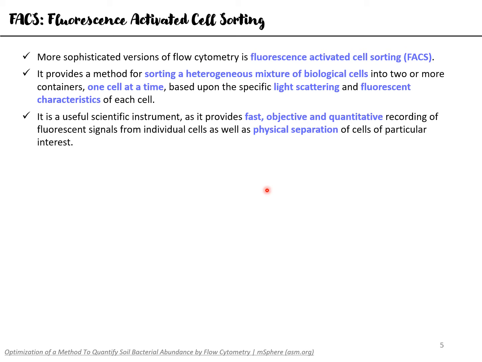So let us say you have a population of cells and you want to isolate only a specific type of cells from that population that is expressing specific markers on its surface. So FACS will allow you to do that. So a common example would be you have blood cells and you want to isolate a specific type of blood cells that are expressing specific markers on their surface.